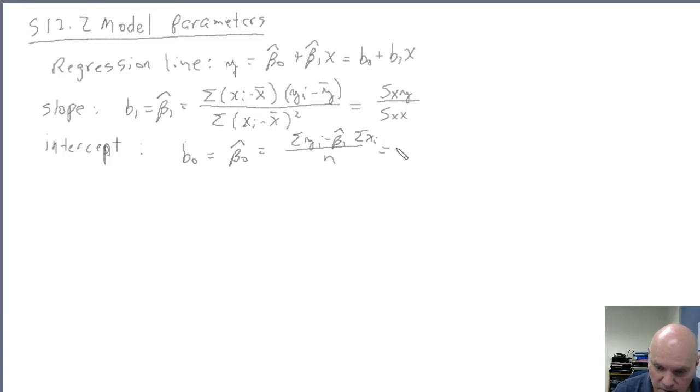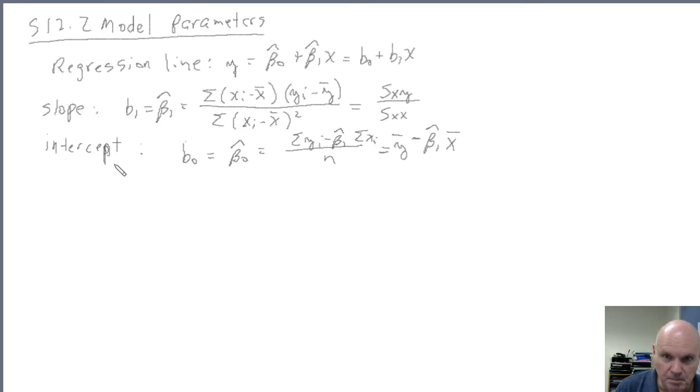The sum of the yi divided by n is just the mean y value, and the sum of the x divided by n is just the mean x value. So to get b0, it's the mean y value minus b1 times the mean x value.